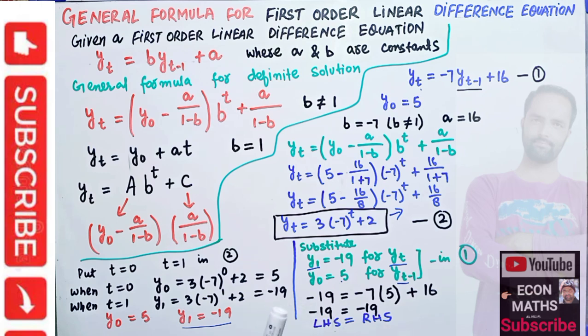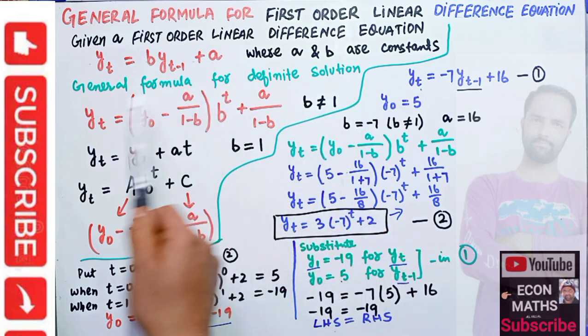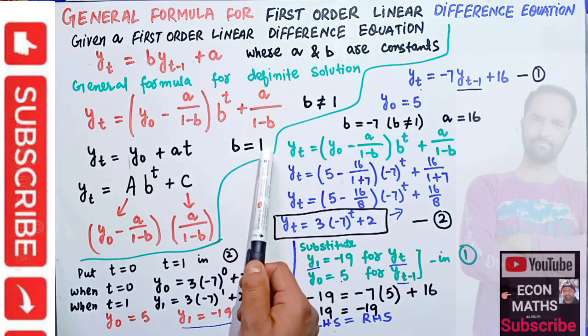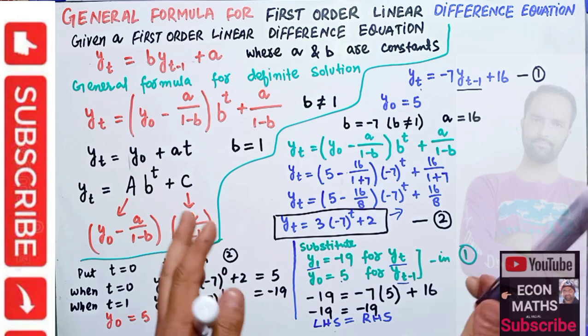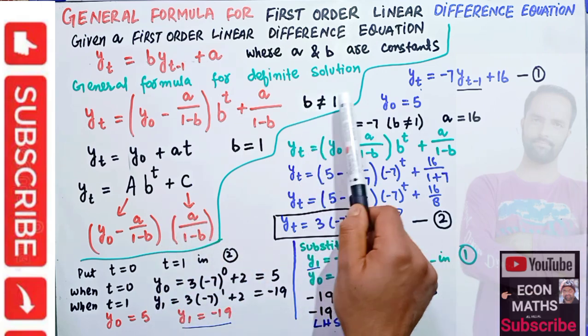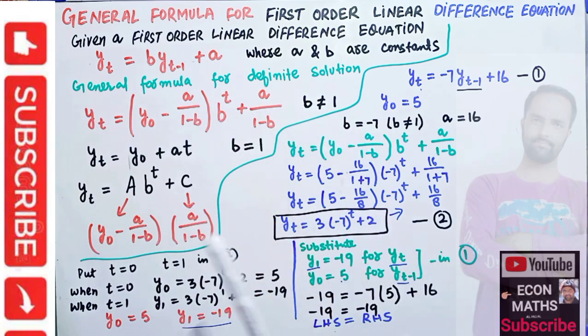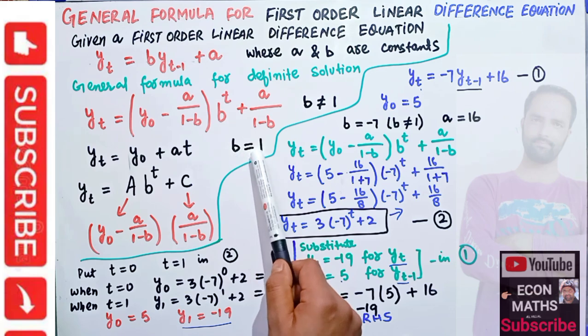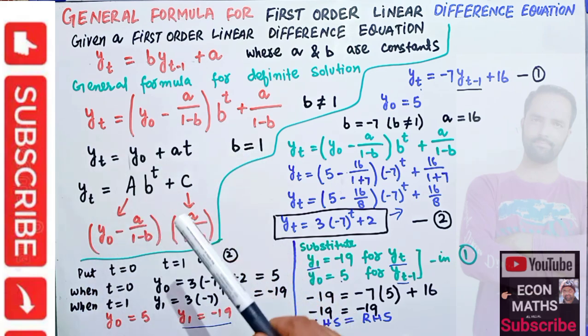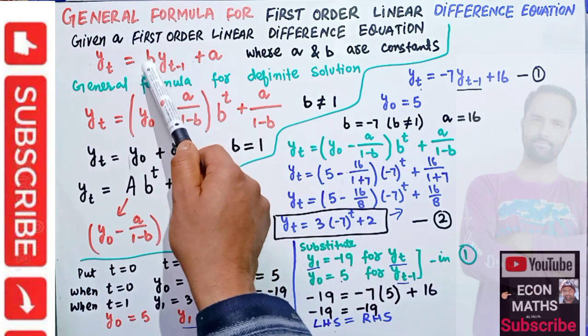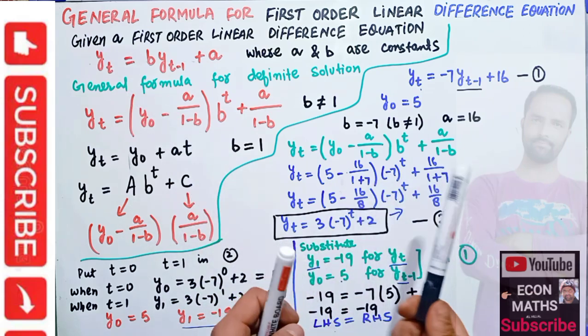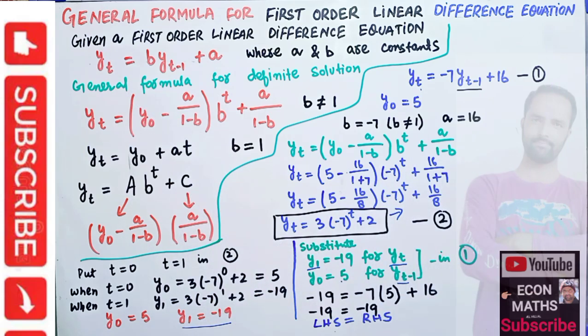For the general formula for the first order linear difference equation, if b is not equal to 1, this formula we apply. When b is equal to 1, we apply this formula. So this b plays a crucial role in determining the solution of a first order linear difference equation. Thank you.